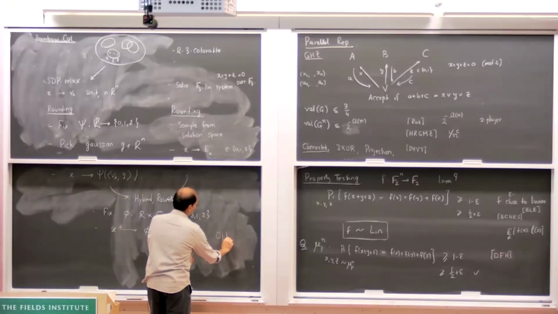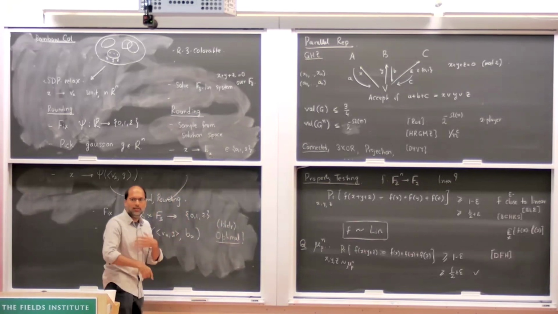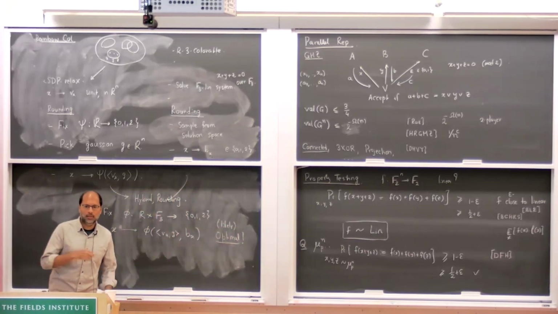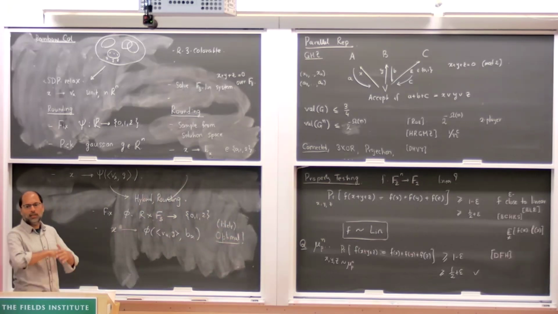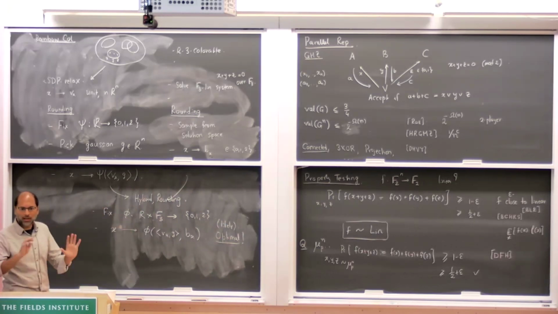We can essentially show that this is very likely to be optimal, meaning we can match it with what is called analysis of a dictatorship test. Let's not get into that, but evidence which is, in this business, considered compelling.